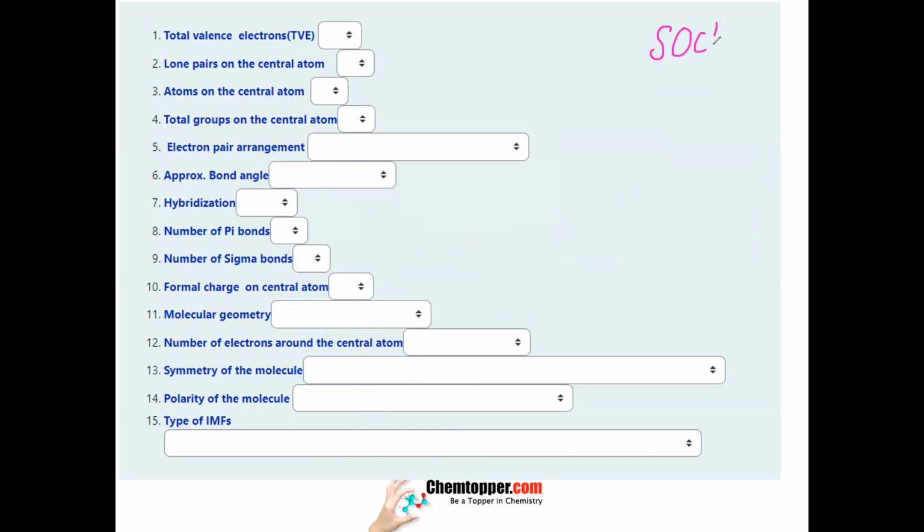SOCl2. Central element, skeleton, one oxygen and two chlorines like this.